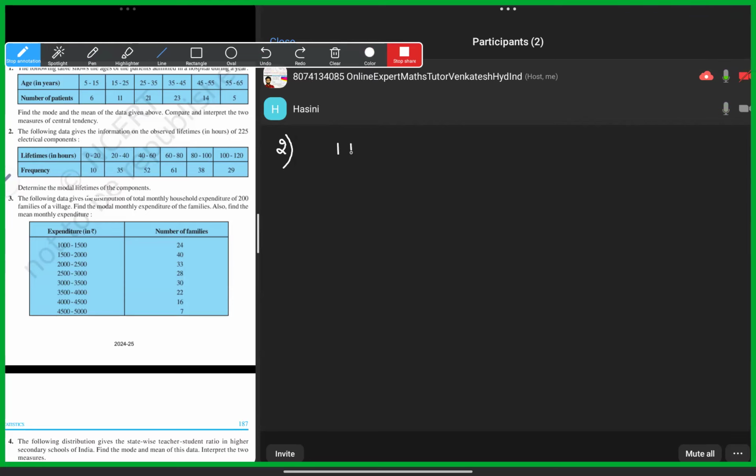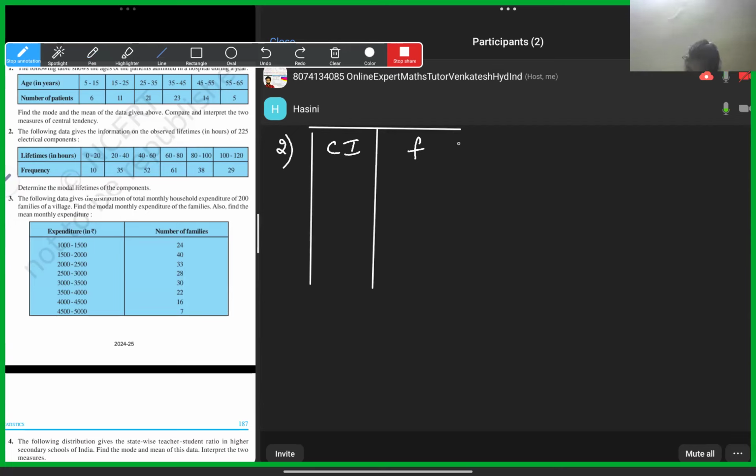So now, Hasni, class interval. Frequency. And use the remaining space for the sum, Hasni. Write these smaller. 1, 2, 3, 4, 5, 6 are there.